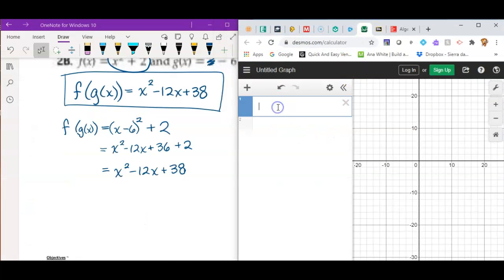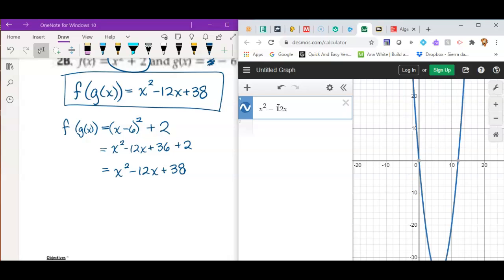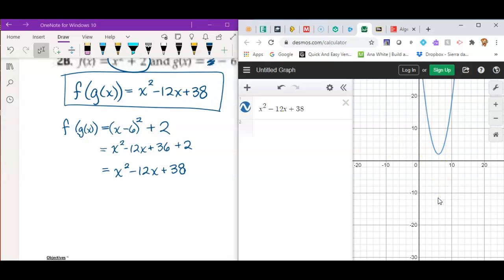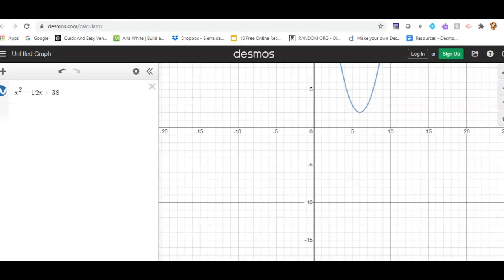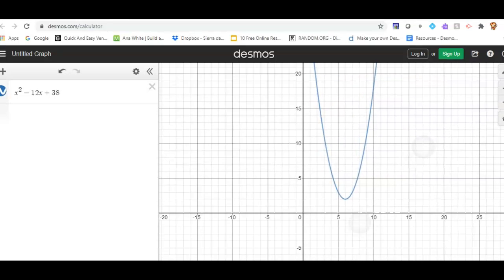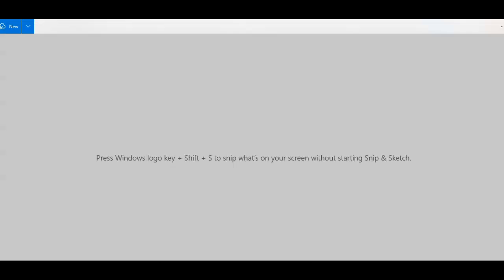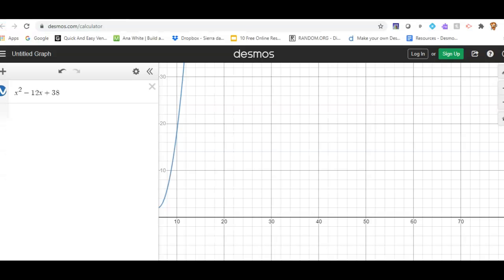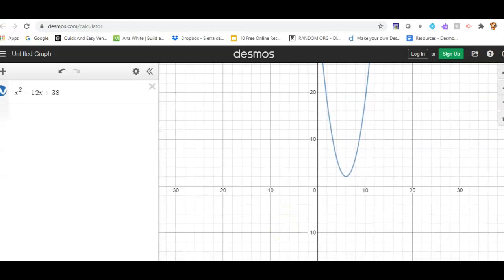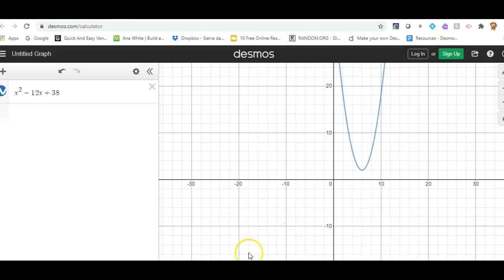All right, when I type x squared minus 12x plus 38, I have my function here. I'll even take a little screen grab of it so that we can easily highlight it in OneNote.